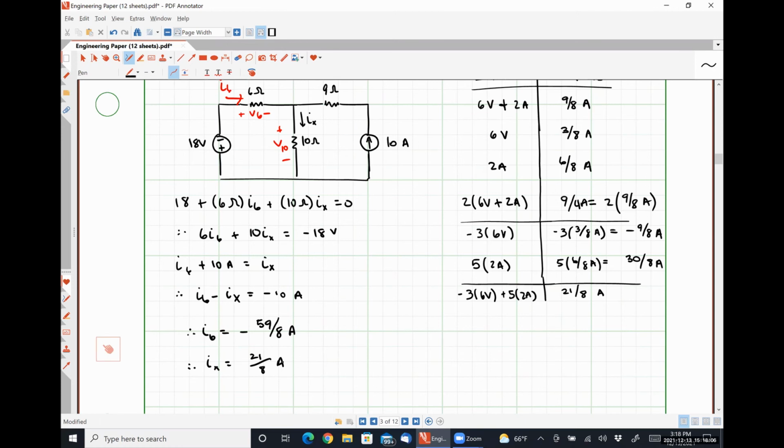What this means is that I could actually work a circuit with one source on at a time and make every source 1 volt or 1 amp, and then scale it by whatever it needs to be to match what you're asked. And you can solve circuits that way if you were insane enough to do so. That would probably be a very, very long and tedious way of doing things, but you could do it.